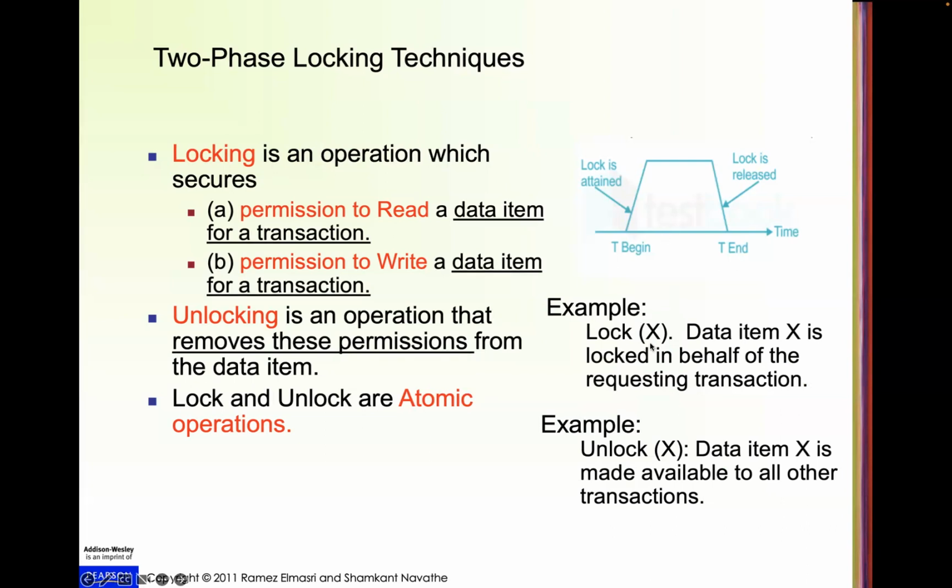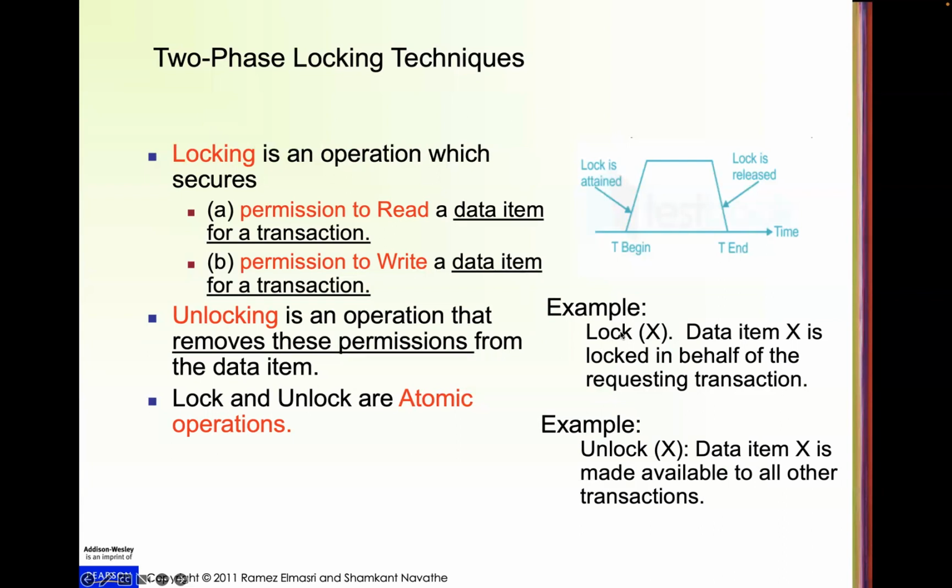So X can be locked or unlocked to read or to write. So this is the locking operation. The unlocking operation removes all these locks from the data item X when the transaction is done accessing it. Hence, it is said that unlocking is an operation that removes these permissions from the data item.